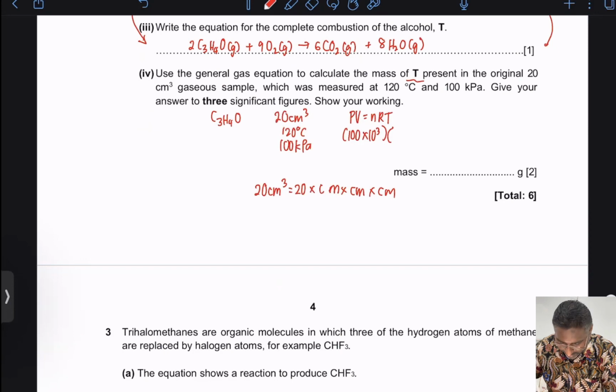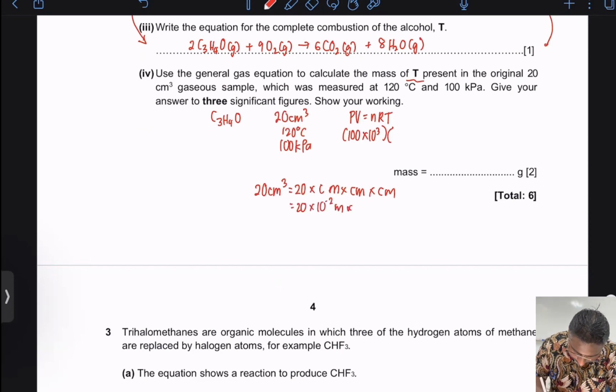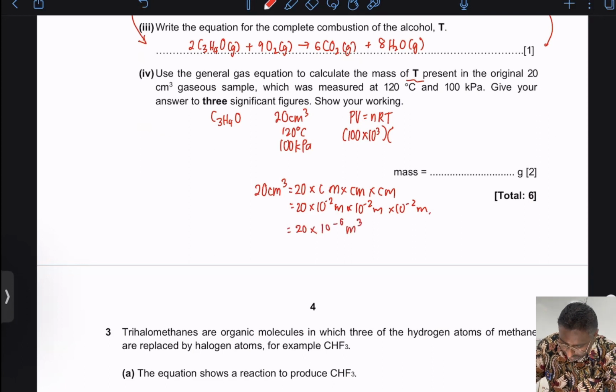Centi is 10 negative 2 meter, 10 negative 2 meter, 10 negative 2 meter. So that will become 20 times 10 negative 6 meter cube. So this one I'll just put 20 times 10 negative 6.